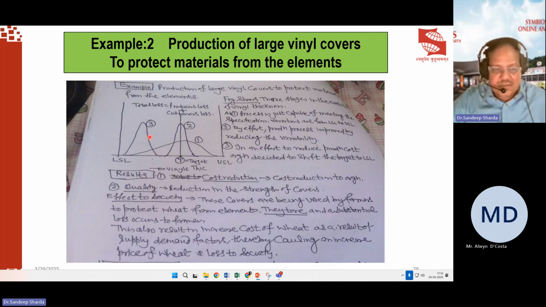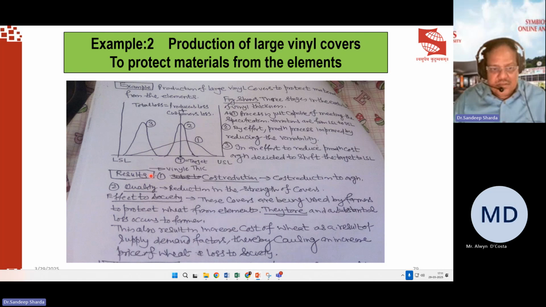So this has been shifted to the LSL, which means low density polyvinyl material sheets will be produced. It is going to impact the farmers, who keep it on the field before the rainy season or to keep it protected from the flies in the field once that material is already plugged in.